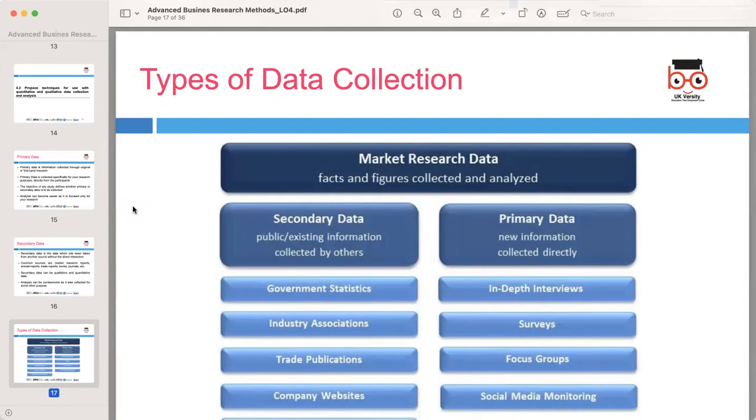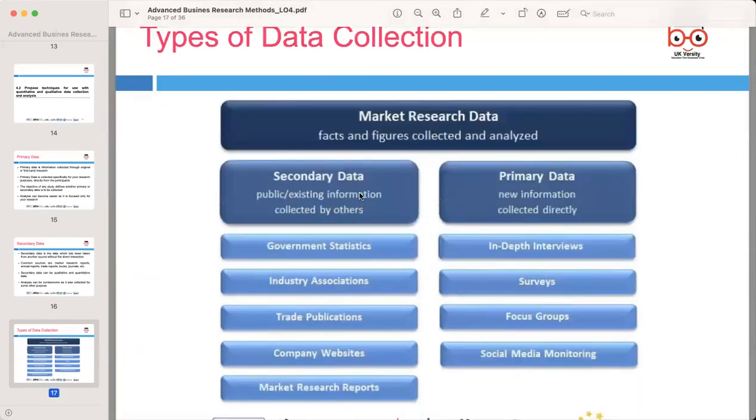So, types of data collection: market research data, facts and figures collected and analyzed, secondary data, primary data. Here he's telling us where you can get them. Secondary data is where you get information from government statistics, industry associations, different trade publications, companies' websites or market research reports.